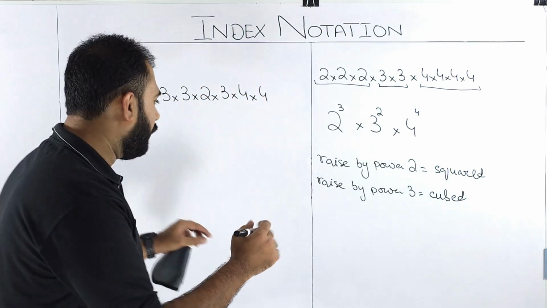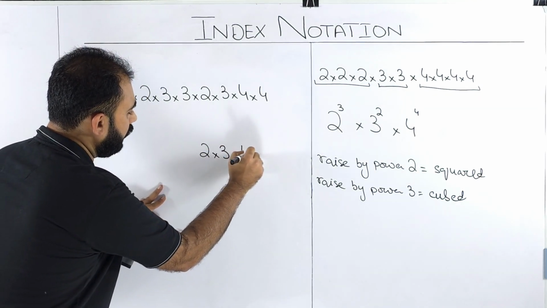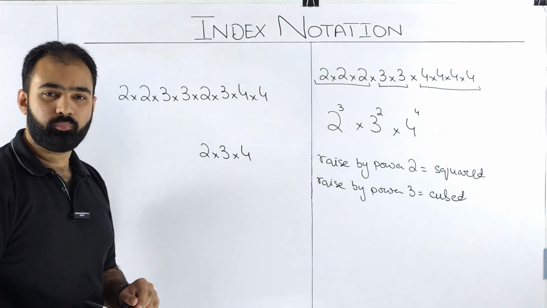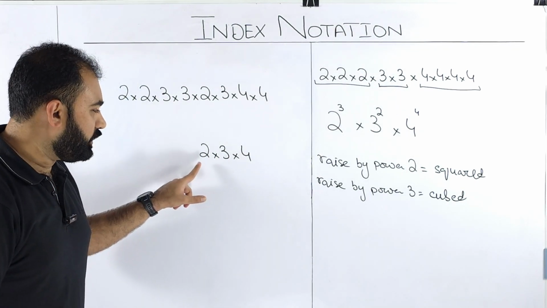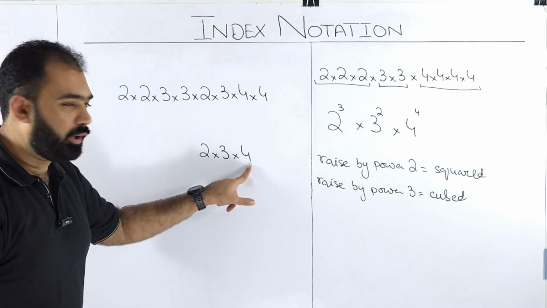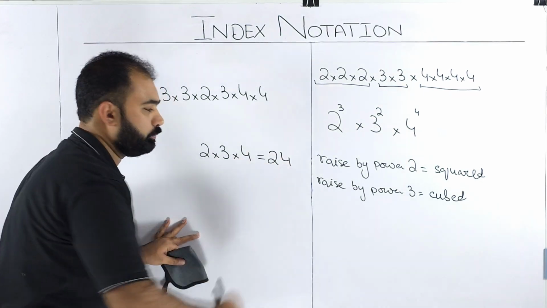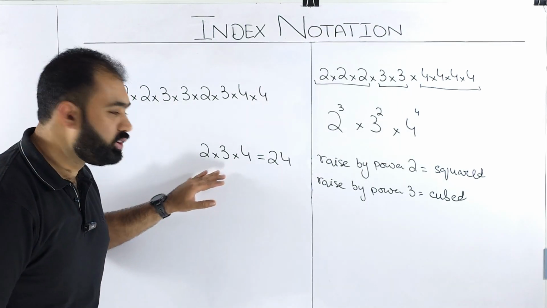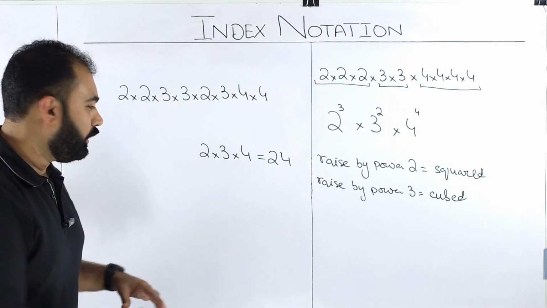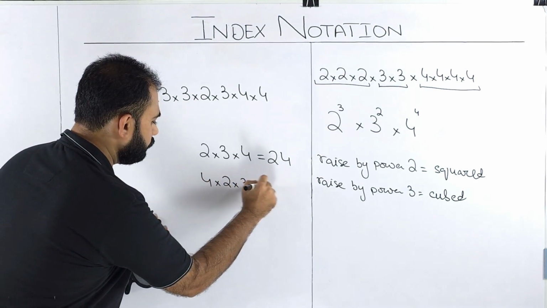Let's suppose I have 2 multiplied with 3 multiplied with 4. What is the answer? 2 multiplied with 3 is 6, and 6 multiplied with 4 is 24. I will reposition these elements and I'll say 4 multiplied with 2 multiplied with 3.